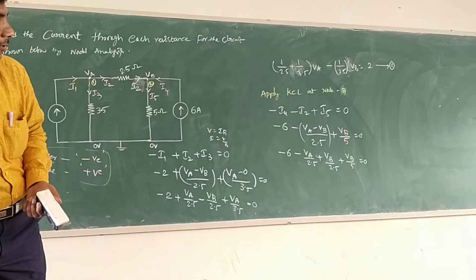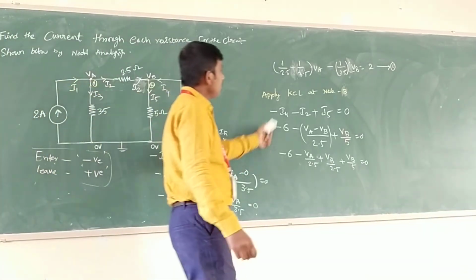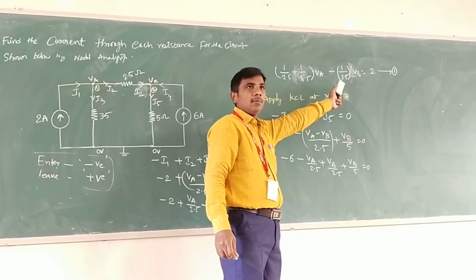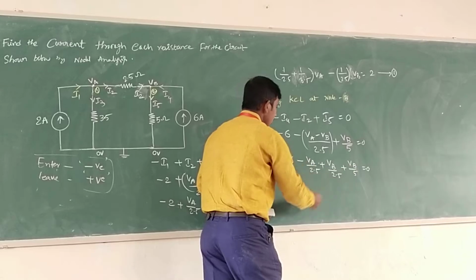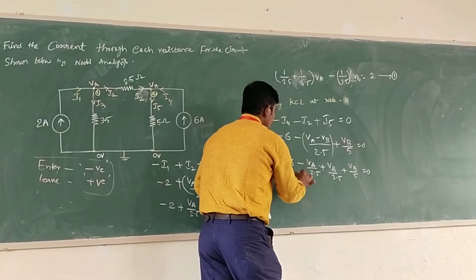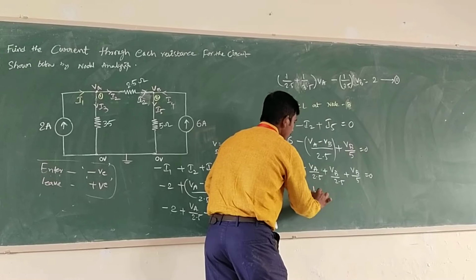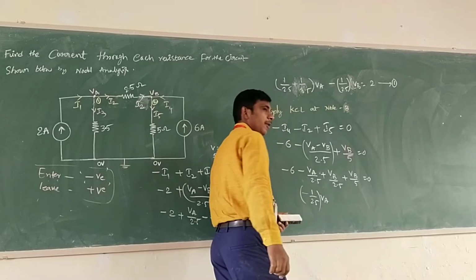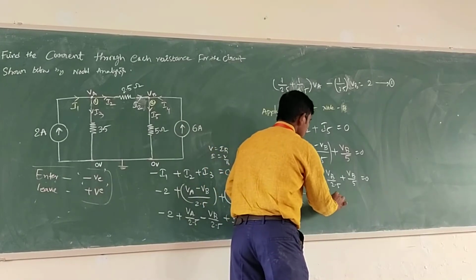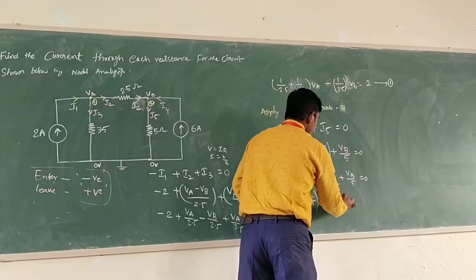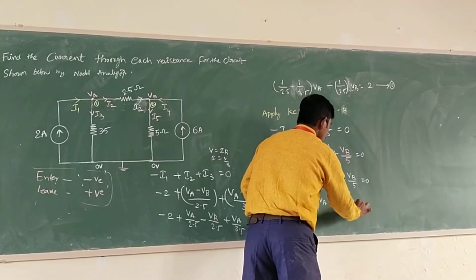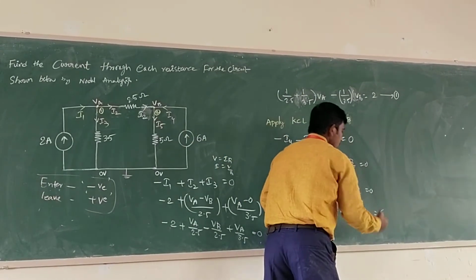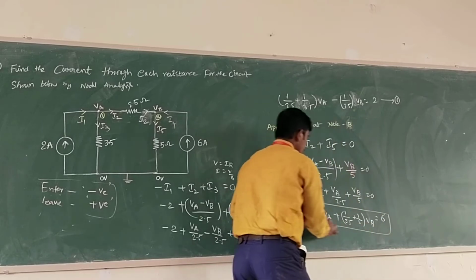Now put the equation similar to equation 1. Sending the minus 6 to the other side: minus 1 by 2.5 into VA plus 1 by 2.5 plus 1 by 5 into VB equal to 6. This is equation number 2.